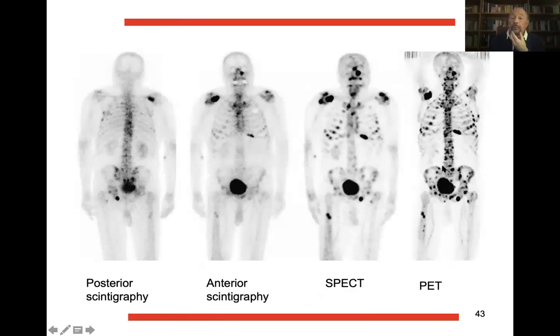This is a patient with multiple metastases. If you use normal scintigraphy, you will have a hard time finding these multiple metastases. You do pretty good with SPECT already, but the resolution is absolutely fantastic when you switch to PET.